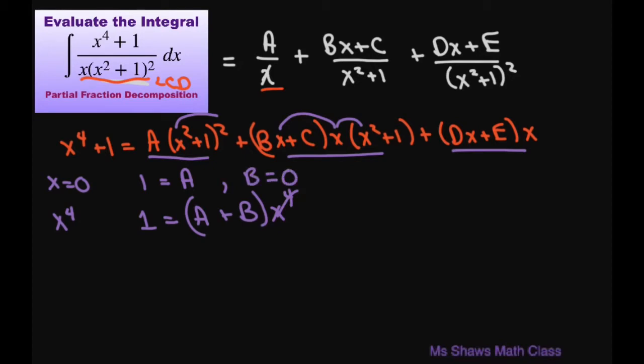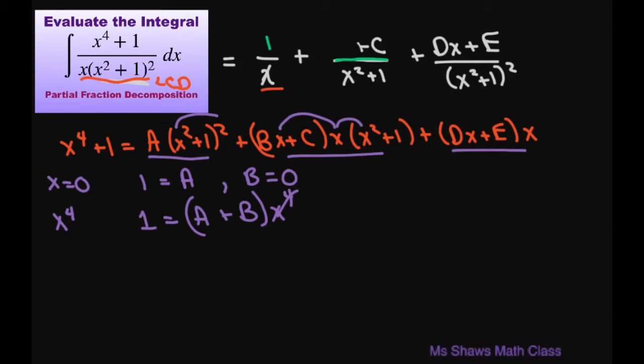So what's going to happen, if B is 0, this is going to go away and we just have C. My A is going to be 1. All right, so this is what we have. Now, let's go ahead and rewrite this.